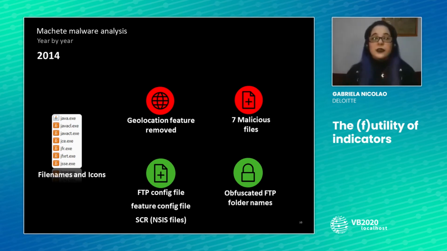And they also started to use another file to enable or disable features such as the camera feature. They also started to use obfuscated names for the folders within the FTP server, and they removed the geolocation feature and compressed their feature set in just 7 files again.